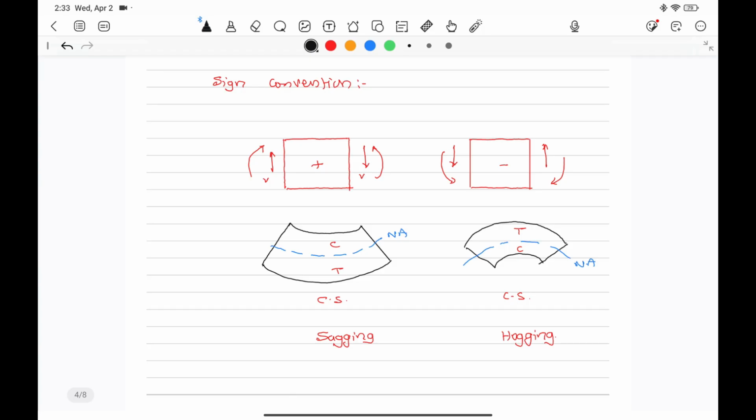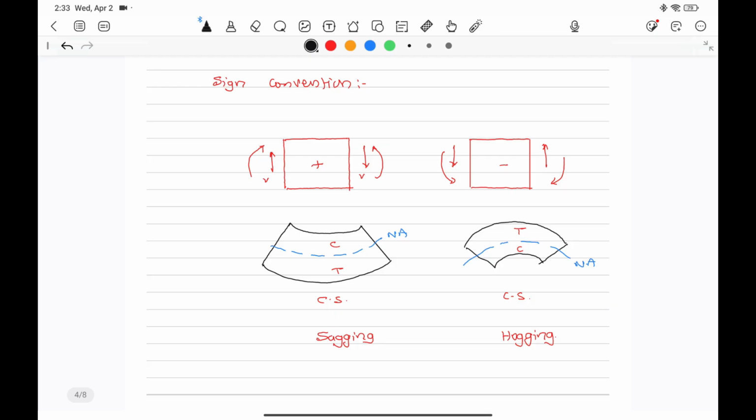Now, here we are required to go for some kind of sign convention for defining bending moments and shear forces.